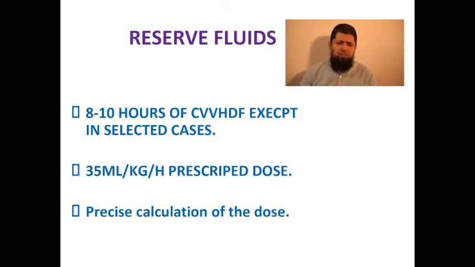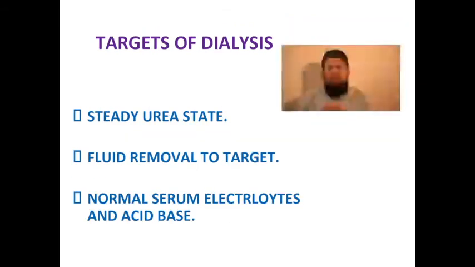And we should calculate the dose precisely before starting. So the targets of dialysis here will be to put the patients in a steady urea state, with urea at 20 to 25, to avoid the harmful effects of the uremic state, and fluid removal to target, and we will speak about this soon.